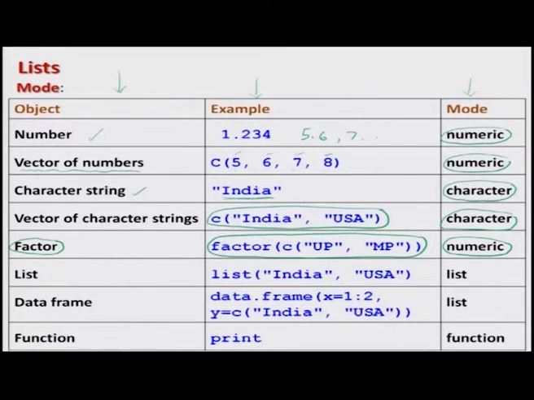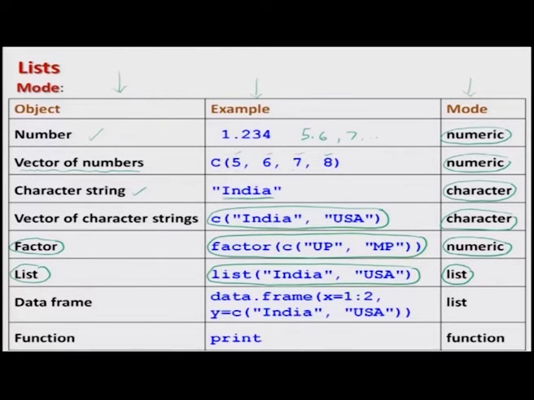Now, I come to another object, which is list. A list can contain all sorts of elements. They can be character strings, they can be numbers, or anything. For example, I am creating here a list of India and USA, and the mode of a list is actually list.